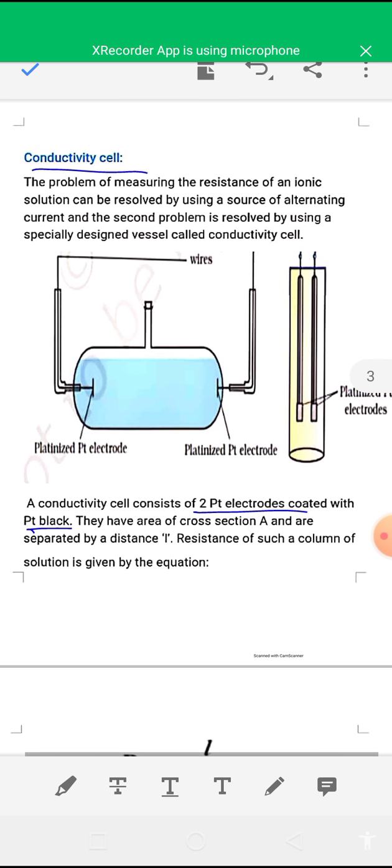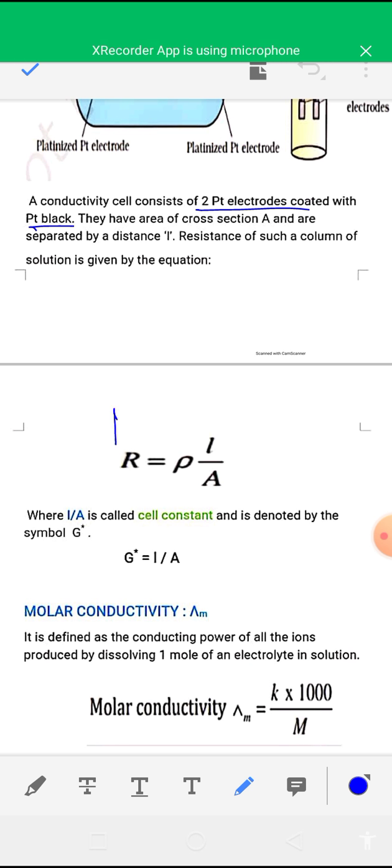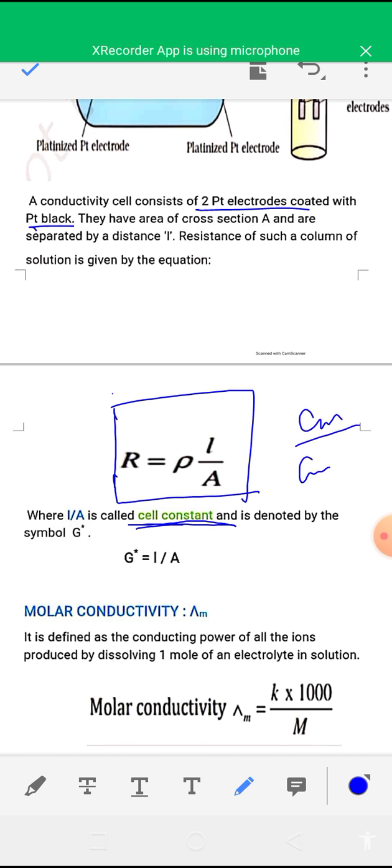For this cell, R is equal to rho L by A, where L is the distance between the two platinum electrodes and A is the area of each electrode. L by A is the cell constant, and its unit is centimeter per centimeter square, that is centimeter inverse.